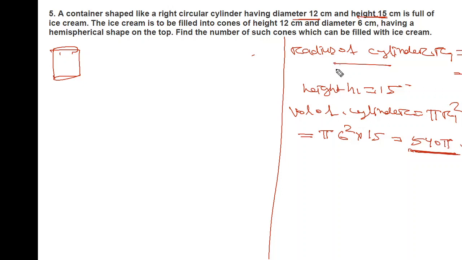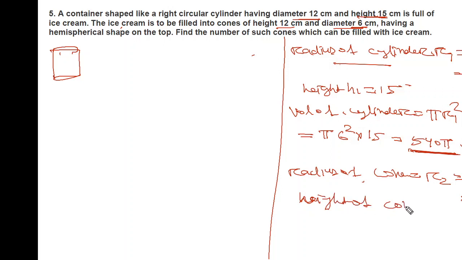Now we will move to the cone part. Here you can see the ice cream is to be filled in a cone. The height of the cone is 12 centimeter and diameter is 6 centimeter. Now radius of cone is equal to, you can say R2, which is equal to 6 by 2 equal to 3 cm. Again height of cone equal to say H2, H2 is equal to 12 cm.